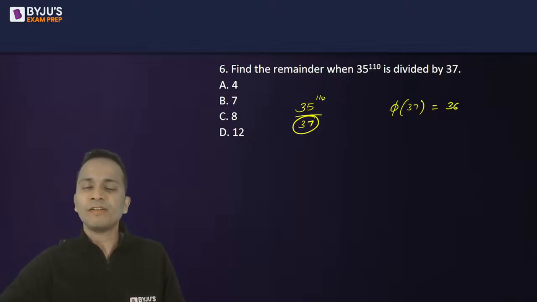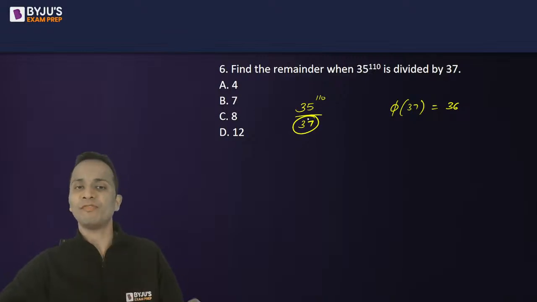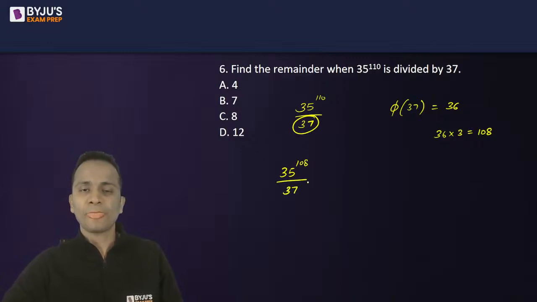So any power of 35 which is a multiple of 36 will give a remainder of 1. So 36 multiplied by 3 is 108. Okay, so I can say that 35 raised to the power 108 when divided by 37, the remainder will be 1.